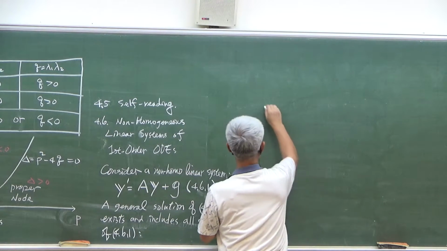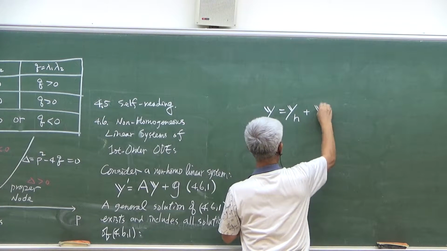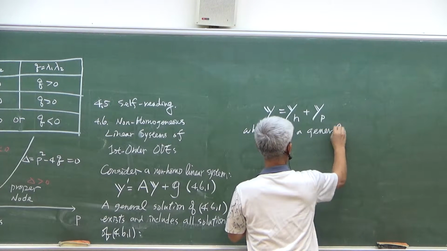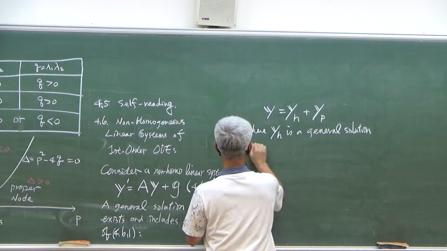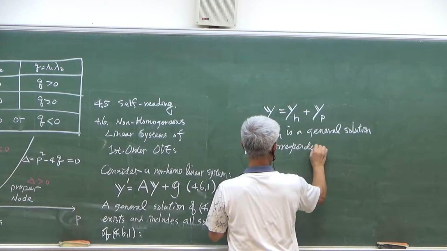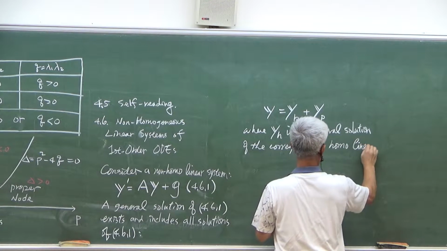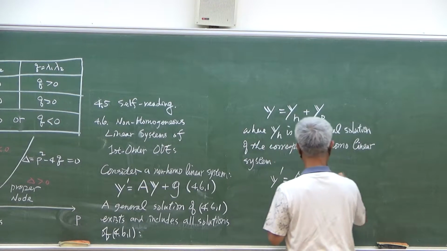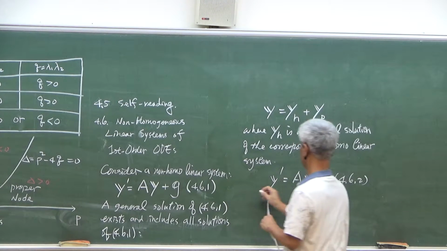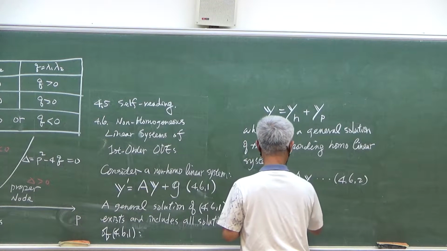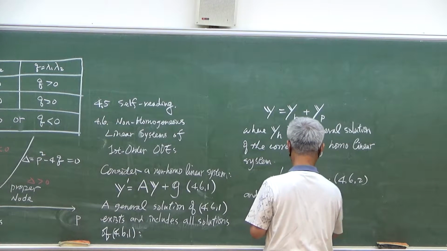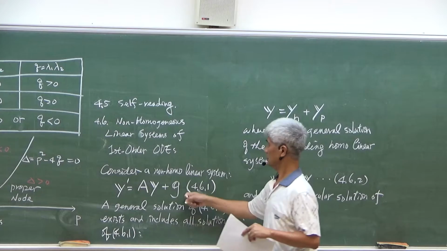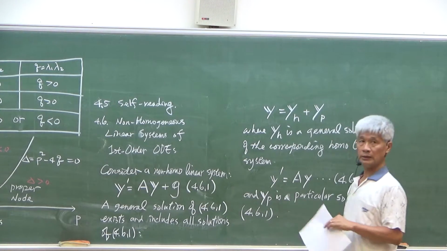And such a general solution can be written in the following way, where y_c is a general solution of the corresponding homogeneous linear system, and y_p is a particular solution of the non-homogeneous linear system. Okay?